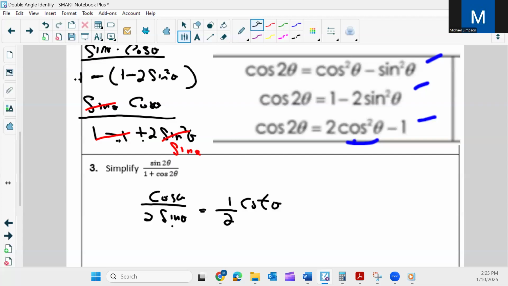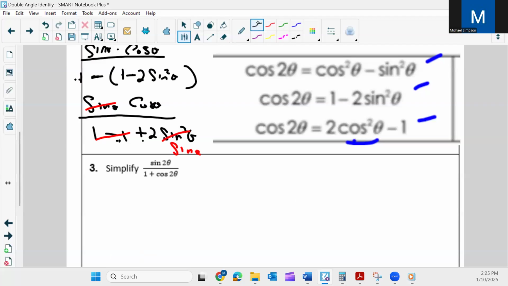Real quick, number 3. Do I have one person on number 3? You got number 3? I got stuck at a certain part. Tell me, what would you do with number 3? So I canceled the 1, got left with cosine squared theta, but I don't know what to do with the sine.